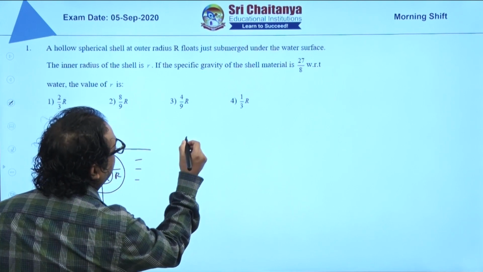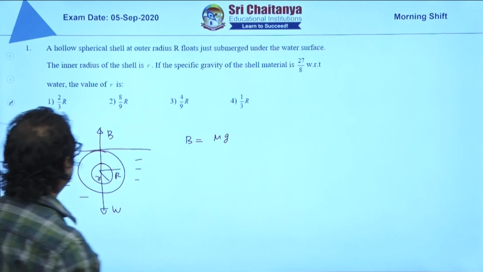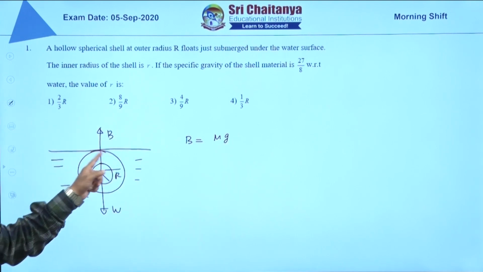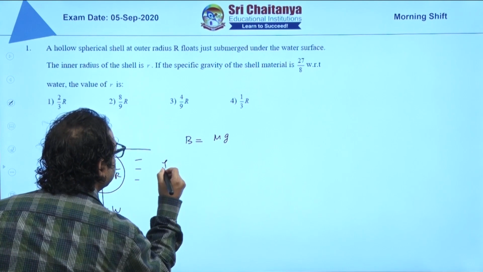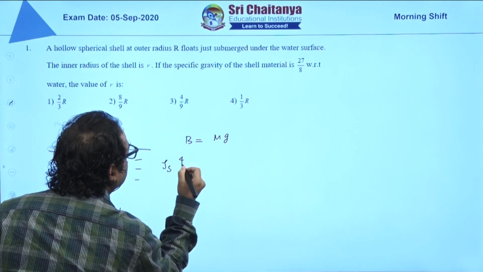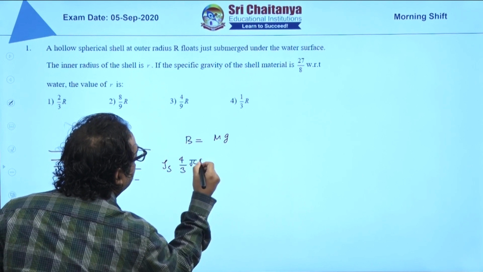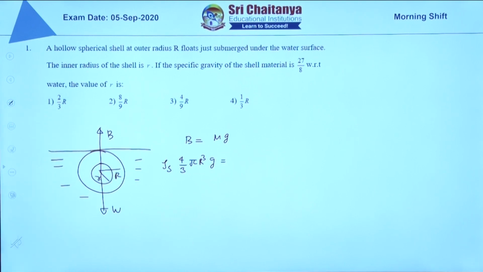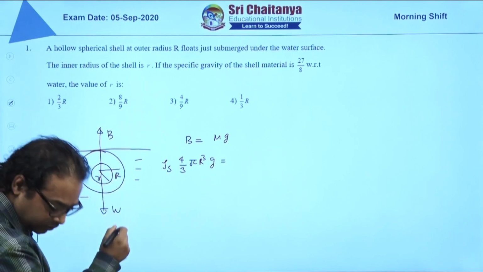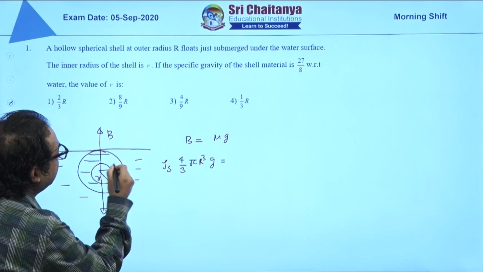So, this is your buoyancy, B is equal to mg. You know that the weight of displaced liquid depends upon the entire outer volume, so that is rho of water into 4/3 pi R cube into g. But when we are talking of the weight, we need to consider the volume of the material.